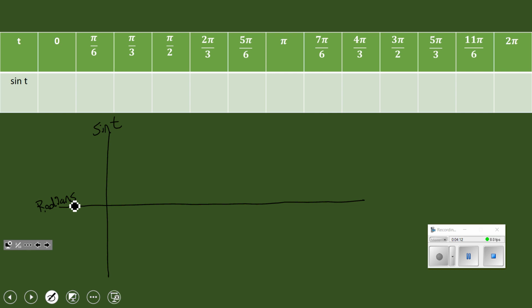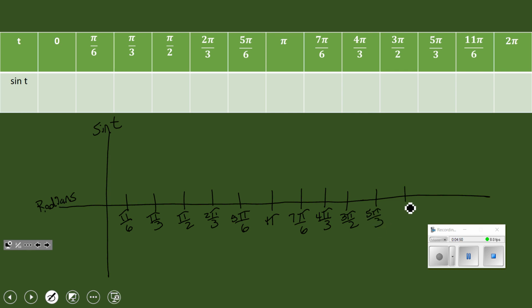So if I graph this and go across here, we would have 0, then pi over 6, then pi over 3, then pi over 2, then 2 pi over 3, 5 pi over 6, pi, 7 pi over 6, 4 pi over 3, 3 pi over 2, 5 pi over 3, 11 pi over 6, and 2 pi.